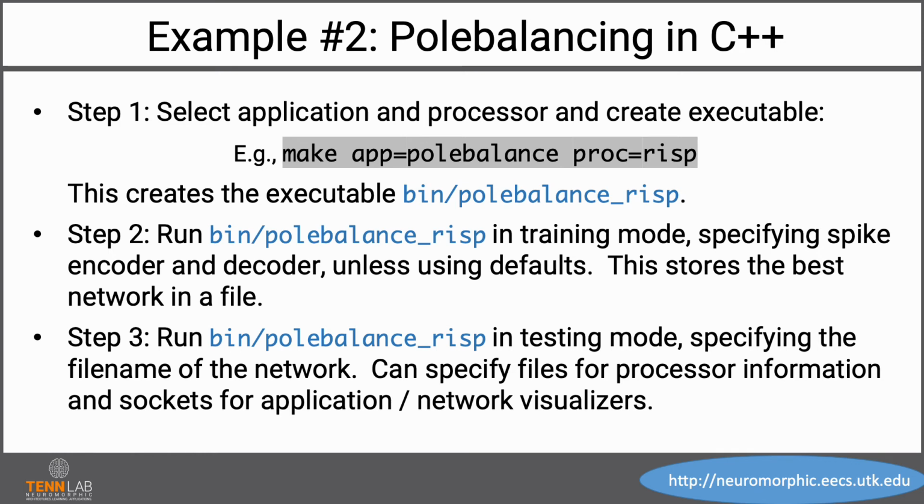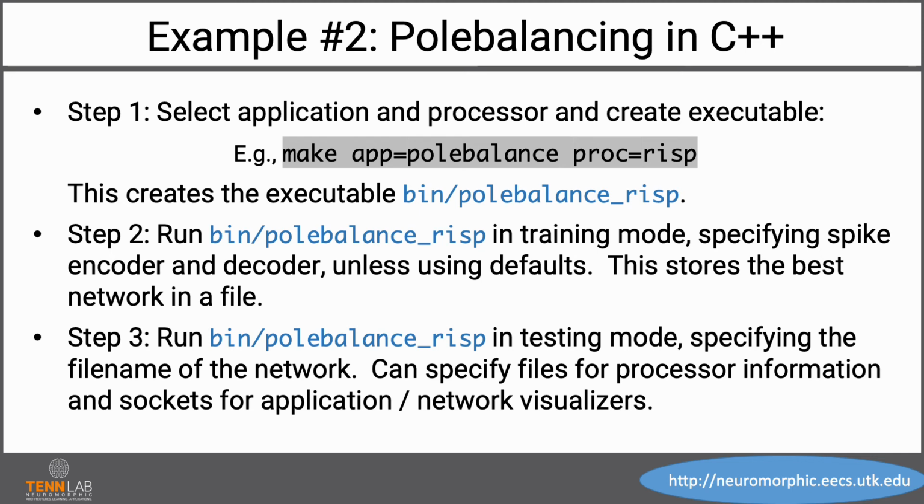So then you can run it in training mode, specifying the spike encoders and decoders, and then that will train using EONS, and the result of this will be a network that has been trained to have the best fitness. And then when that's done, you can rerun the executable, but now in testing mode, where you can perform testing or analyze the behavior of the neuroprocessor while it's running, etc. And all these things are supported inside that executable.